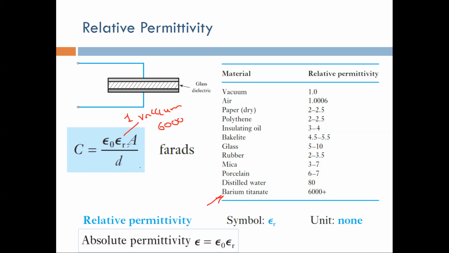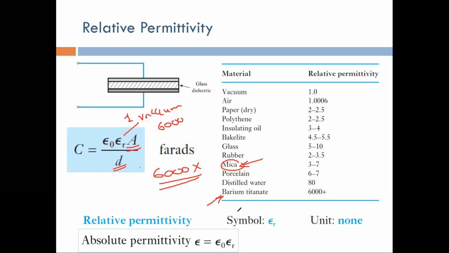This means that for the same physical dimensions of the capacitor, you will have a capacitance that is 6,000 times the value of the same exact dimensions with air or vacuum in the middle. The technology that we talked about, for example mica capacitors, are capacitors that use mica as their dielectric material. Other materials like barium titanate are used to get much larger values for the capacitance.